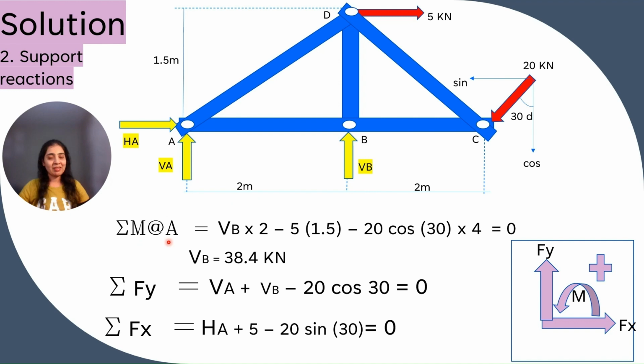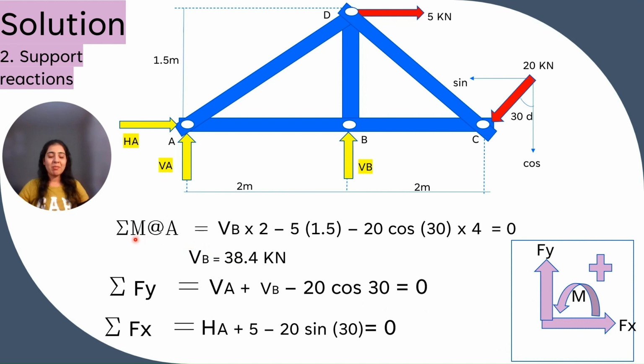And yes, don't forget the sign convention. The sign convention is: force in the positive x direction is positive, Fy in the positive y direction is positive, and anticlockwise moment is positive.